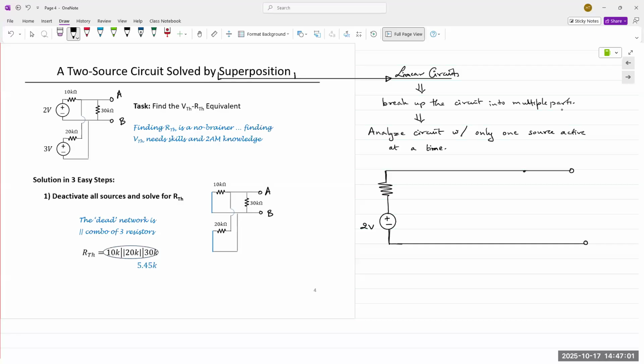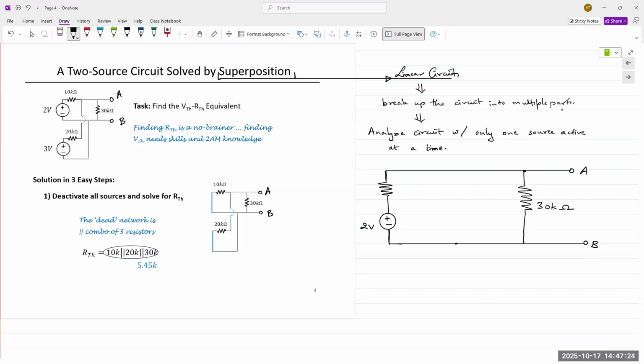Then on the far right, I have a 30 kilo ohm resistor.